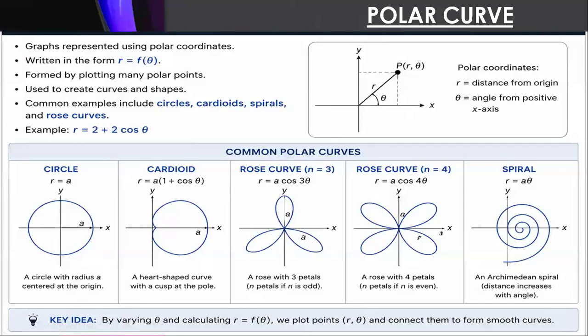Okay, so as you can see here now, we are looking at the polar curve. This slide is talking about polar curves, which are shapes drawn using polar coordinates. Instead of using the XY coordinates, with polar coordinates we use r and theta.